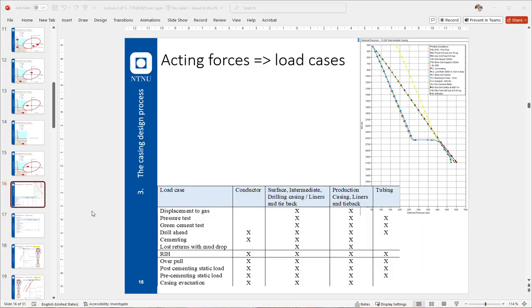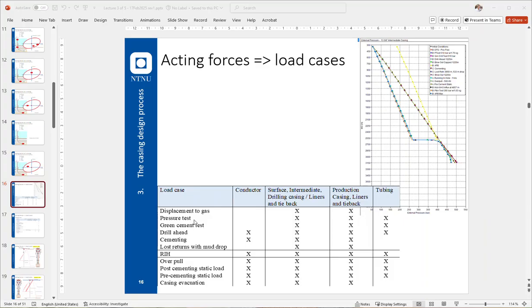What we do is design the casing to be stronger than the formation below its shoe, meaning that what should break is basically the formation under, and not the casing. Even with full displacement to gas, the casing should be okay and not affected when the fracturing gradient is gone.